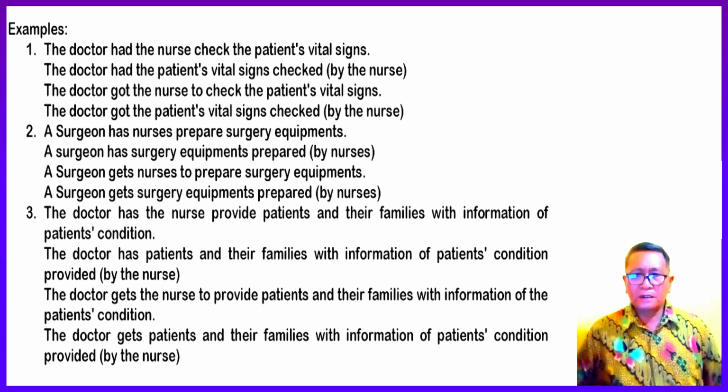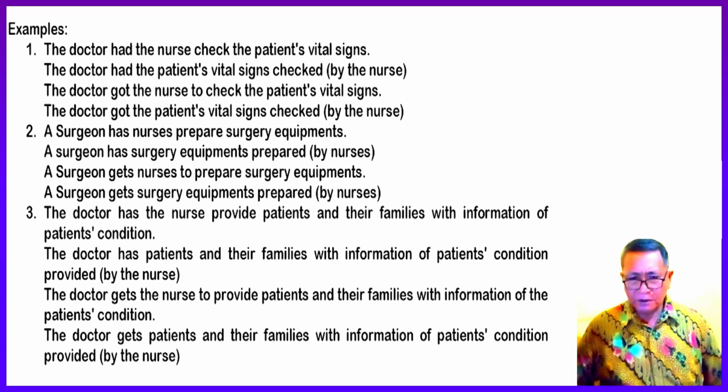The four sentences here are past tense forms, so we use had or got. These examples are based on the sentence patterns of the causative verbs have and get. Do you know the difference between the two causative verbs, have and get?